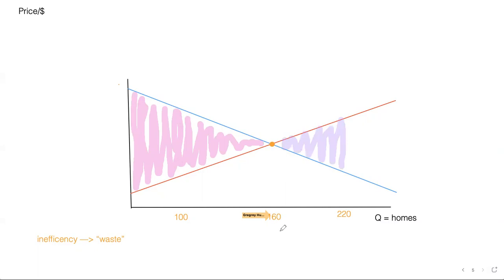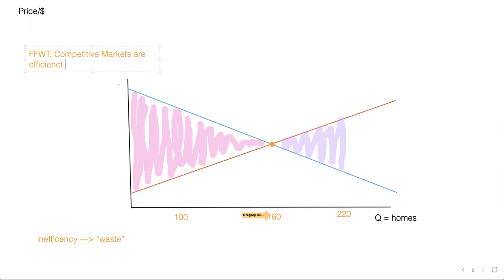Okay. So one of the ways that you can see the first fundamental welfare theorem in our diagram is, remember, the first fundamental welfare theorem tells us that competitive markets are efficient. Okay.